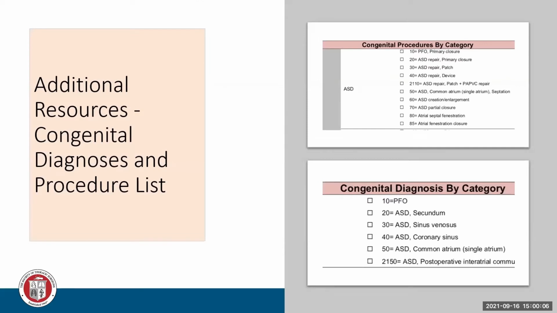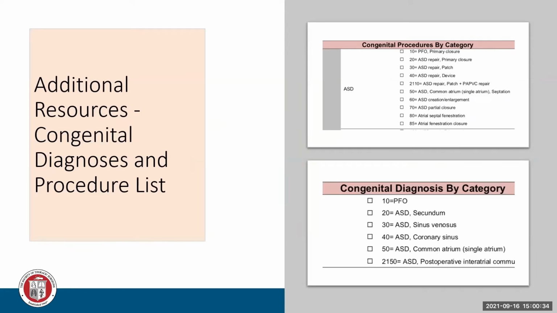Okay, so some other additional resources. We have a congenital diagnosis and procedure list, which I think is very helpful when I have to enter a congenital procedure. The way I search it, let's say the doctor says he did a particular type of ASD in the op note.